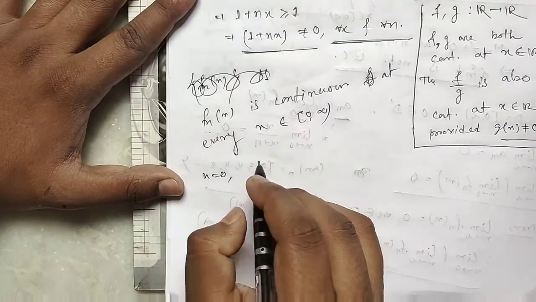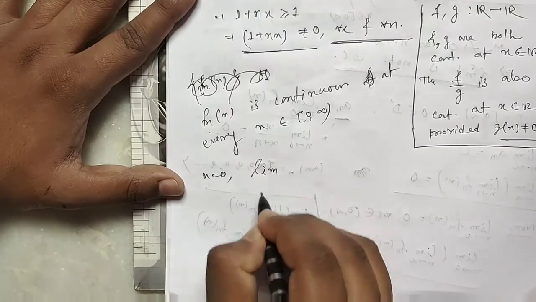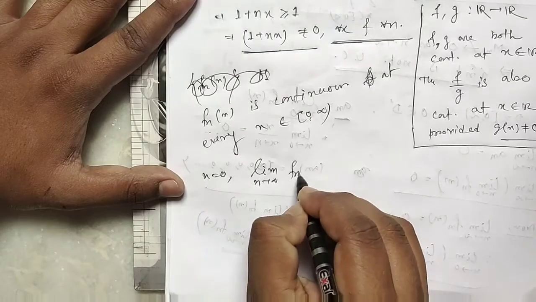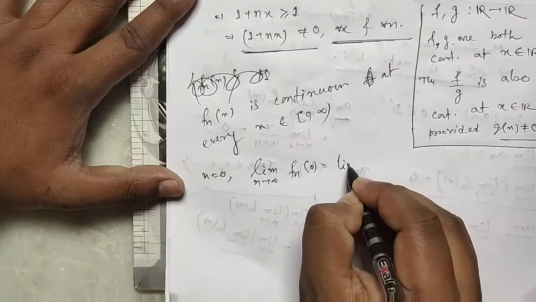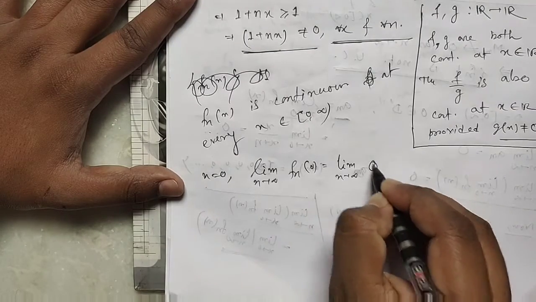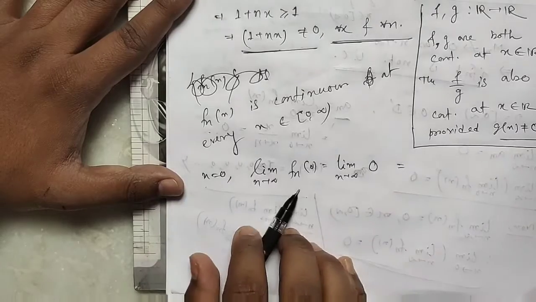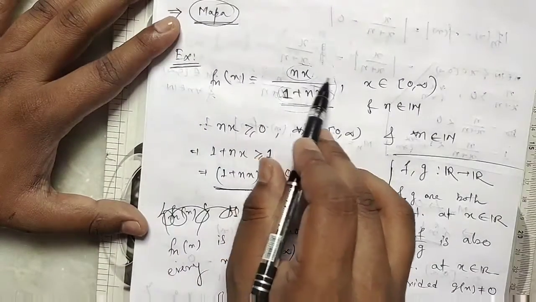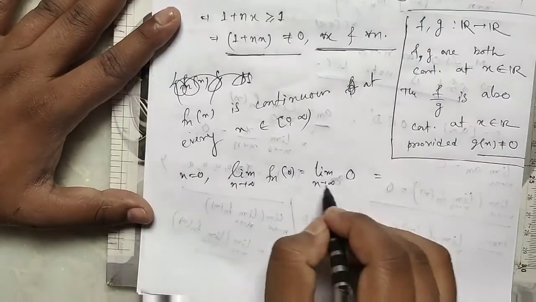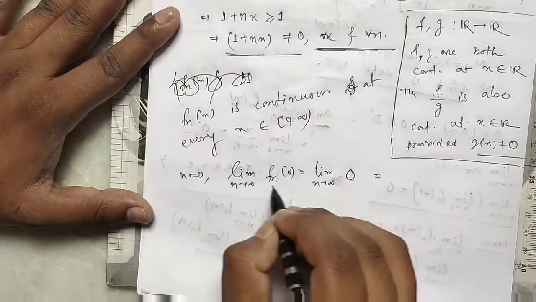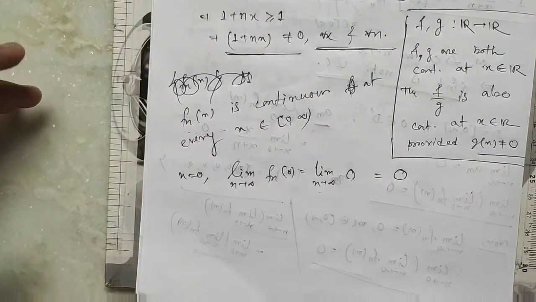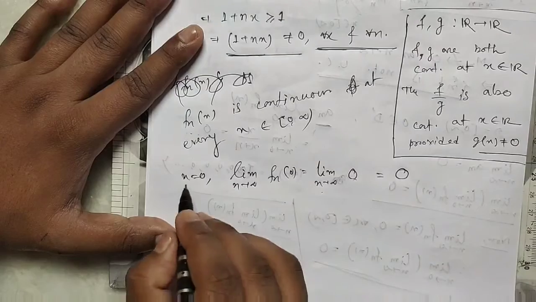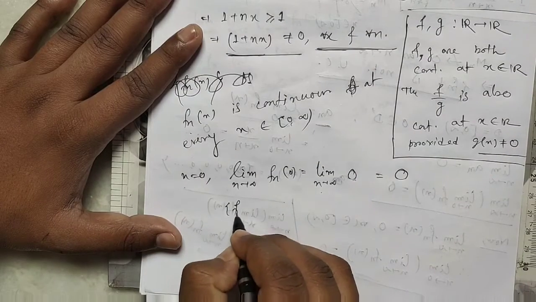Since for x equal to 0, the limit as n tends to infinity of f_n(0) equals the limit as n tends to infinity of 0. f_n(0) means x equal to 0, so this is 0. So the limit exists at x equal to 0.